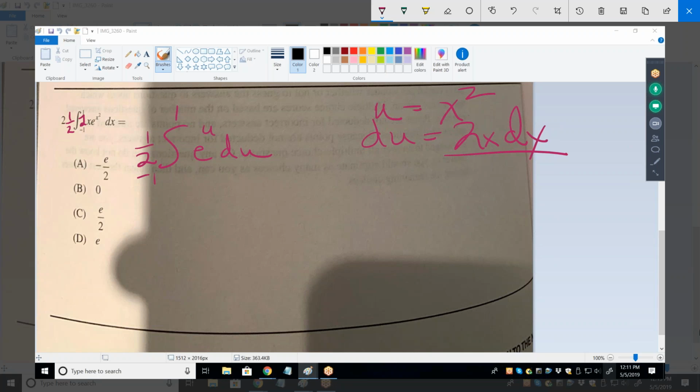In other words, the new limits of integration would go from, notice the problem. Oh, no, hold on. It would go from 1 to 1. And anything that goes from 1 to 1 is 0. So maybe that is what they want you to do, and they want you to recognize that.